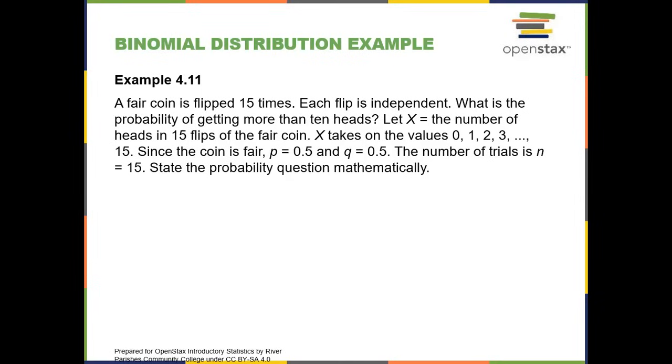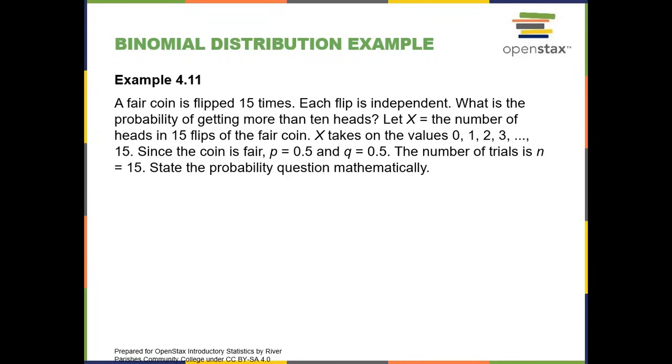So how will you do this problem? You first type 1 in your calculator. That's the sum of the probabilities, minus the probability of the complement event. The complement is the opposite of X greater than 10, which is 11, 12, 13, 14, and 15.